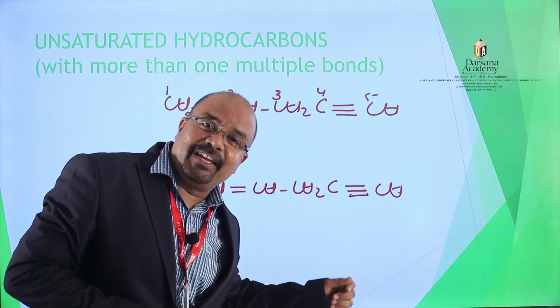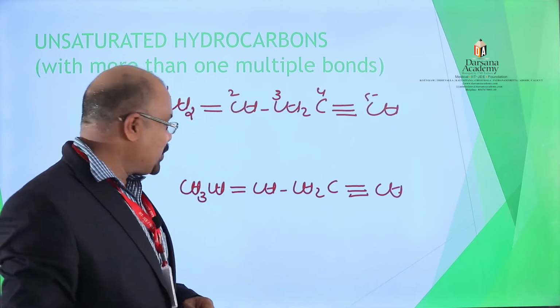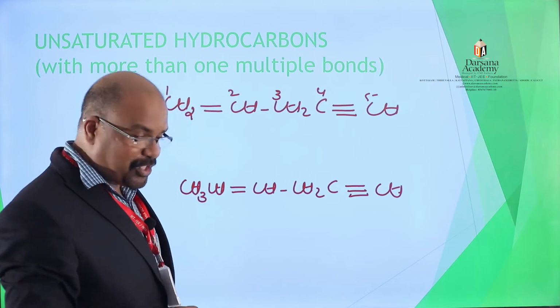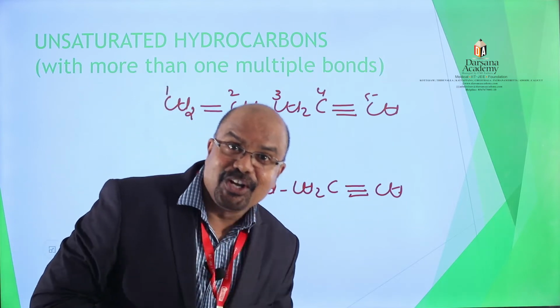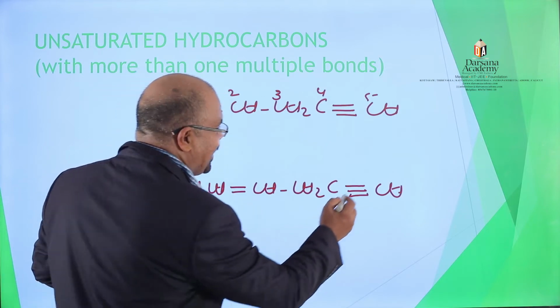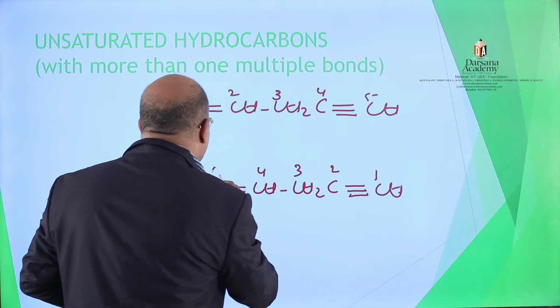Here we give the lowest locant number. Starting from this side the double bond would get the second position, but from the other side it gets the first position. One is smaller than two, so the numbering is 1, 2, 3, 4, 5, 6.